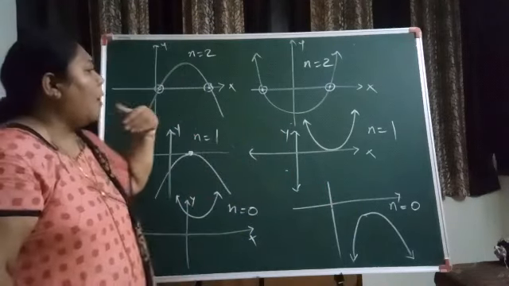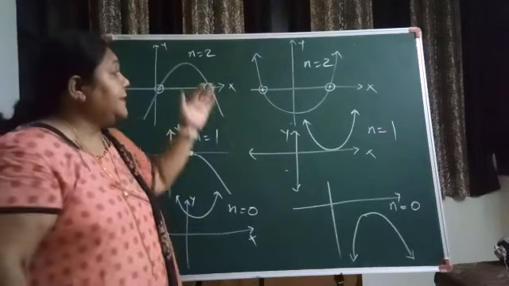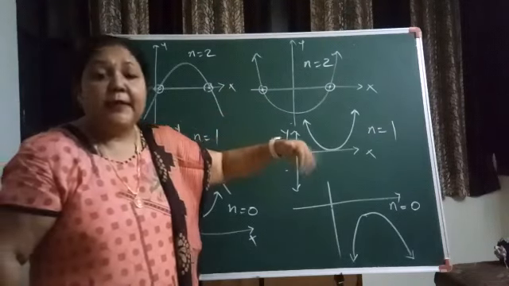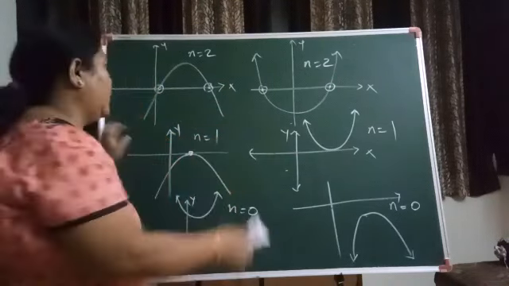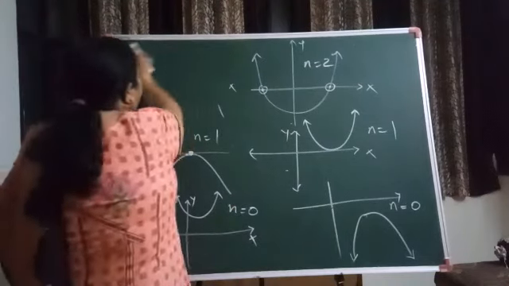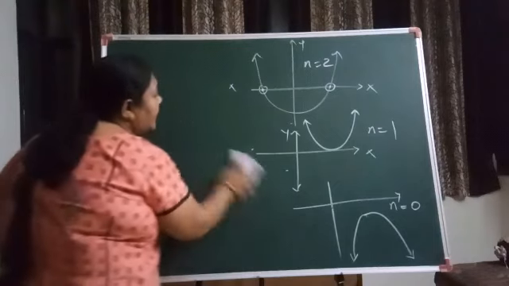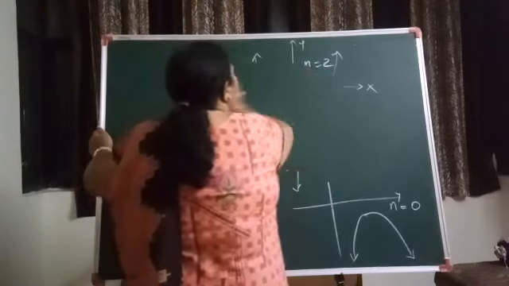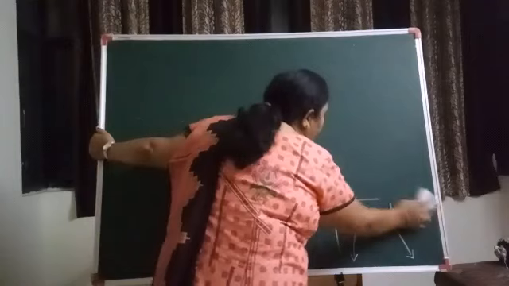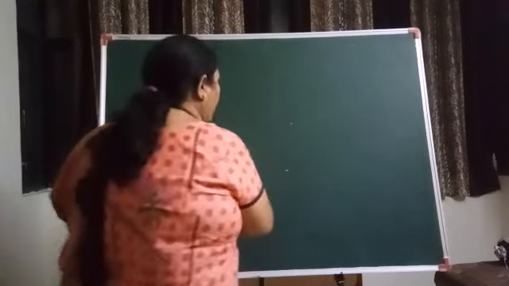But you see some common thing over here, that sometimes it is upward opening and sometimes it is downward opening. So what is the factor which is going to decide whether the parabola is going to be an upward opening parabola or a downward opening parabola?